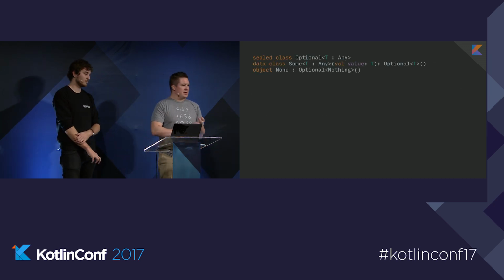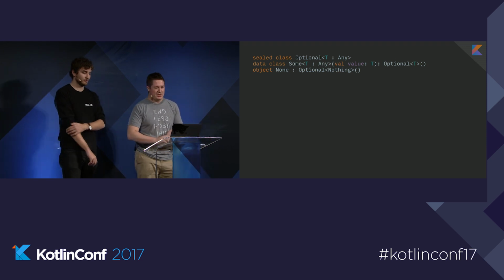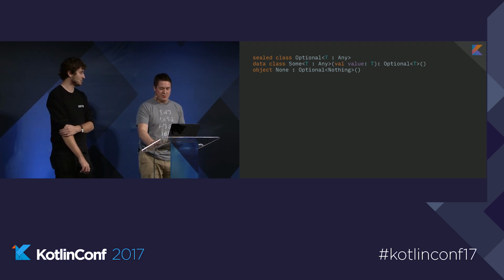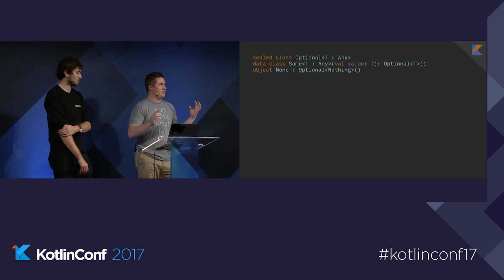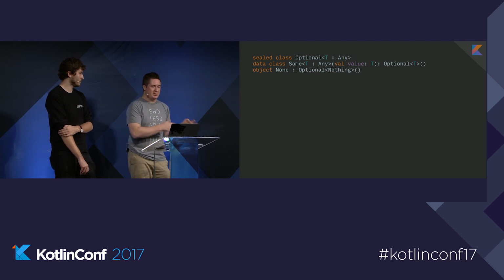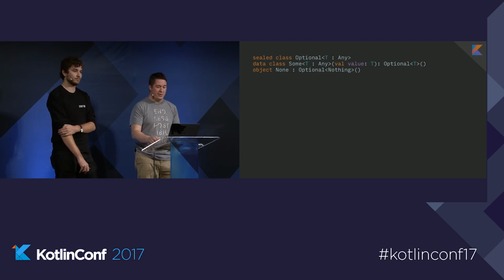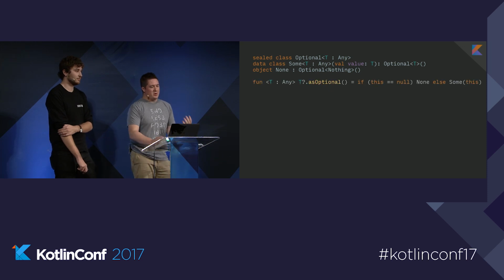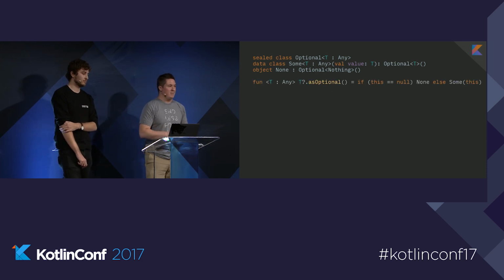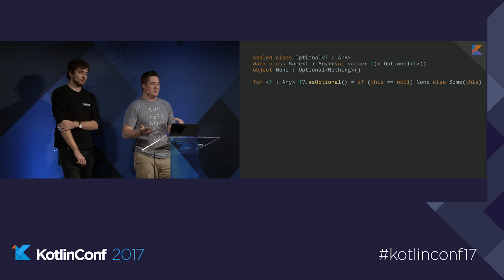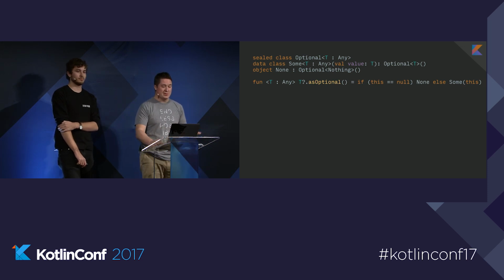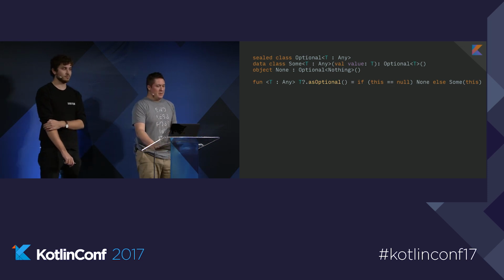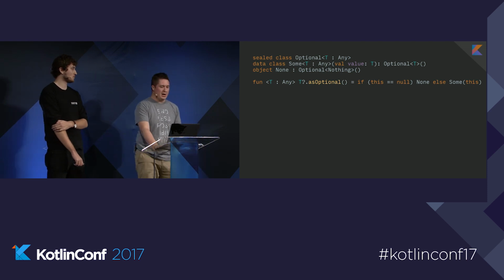Extension functions are a popular language feature, and if you're doing code generation, they certainly can allow the generated code to be more easily transitioned to from the code that you're manually writing. So in this example, we would potentially take any nullable reference and want to turn it into this optional type. Consuming this from Java is a little bit awkward, though.